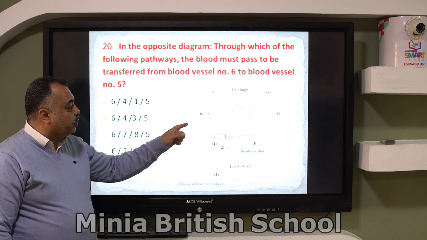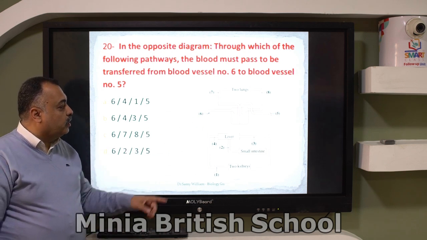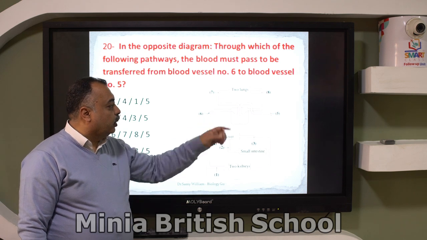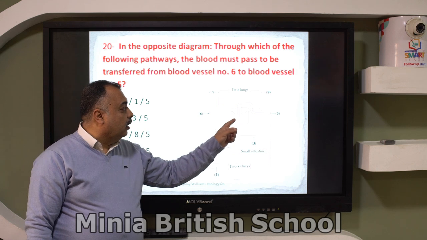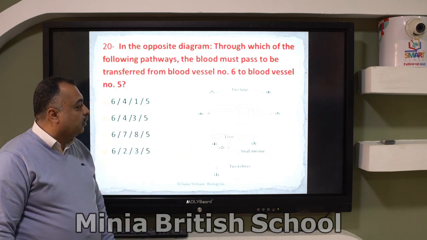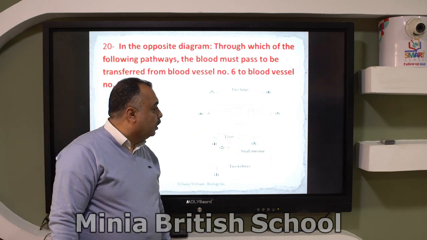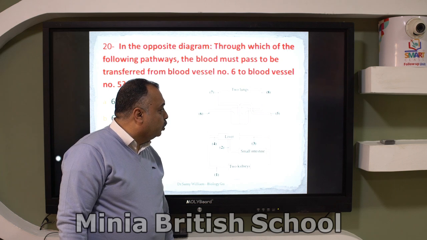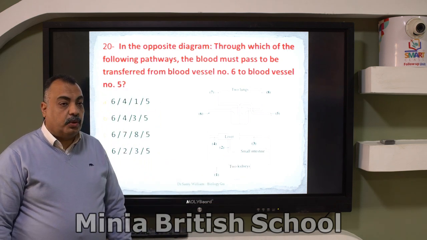As we see here, number 6 is the vena cava, which pours its content in the right atrium, and here is number 5, the aorta, which pours blood towards all body parts. What is the pathway?